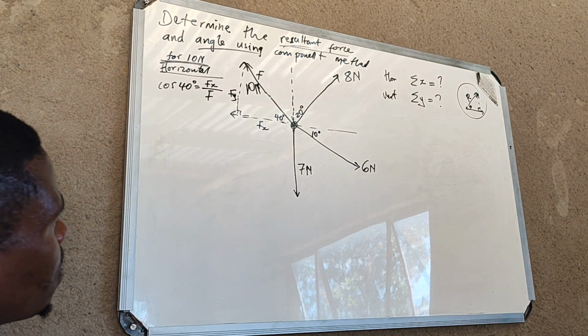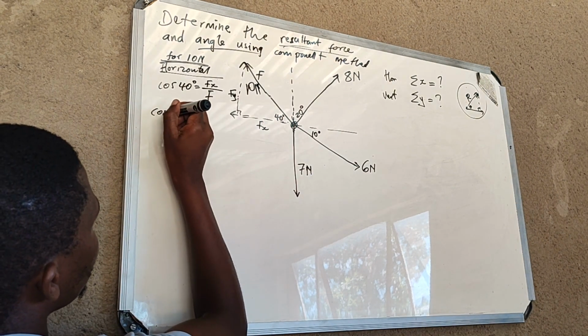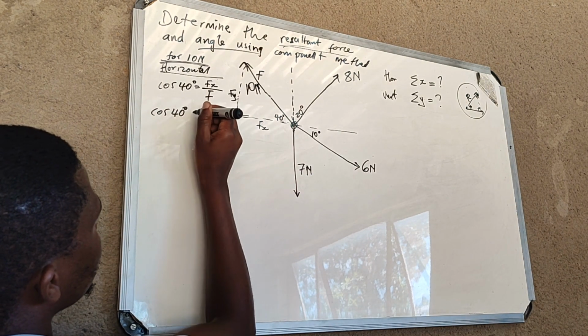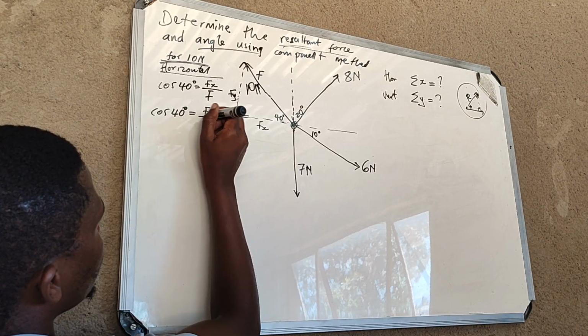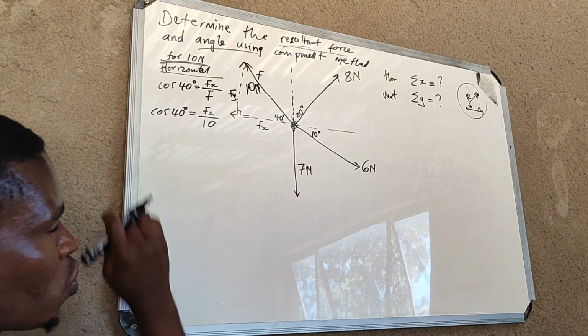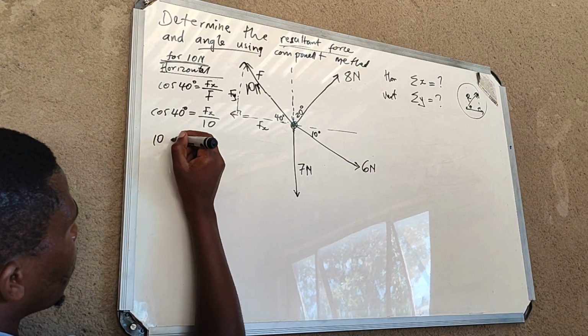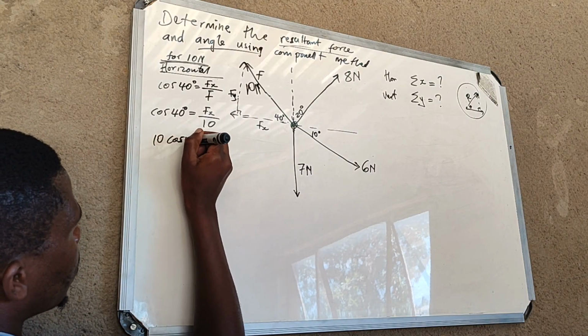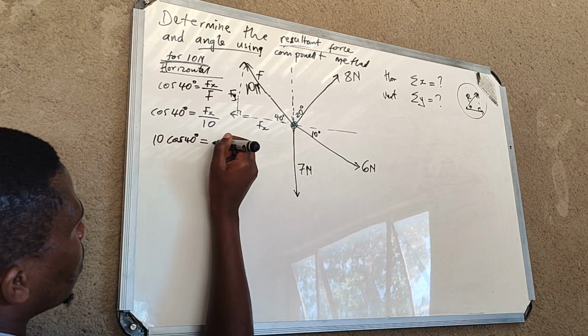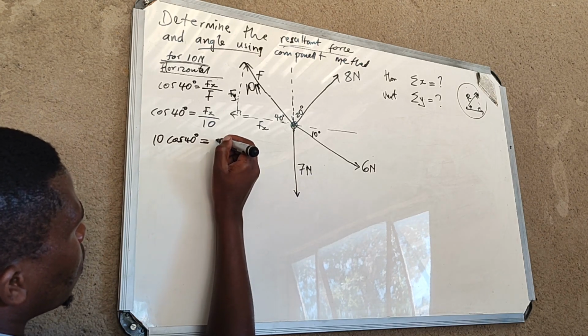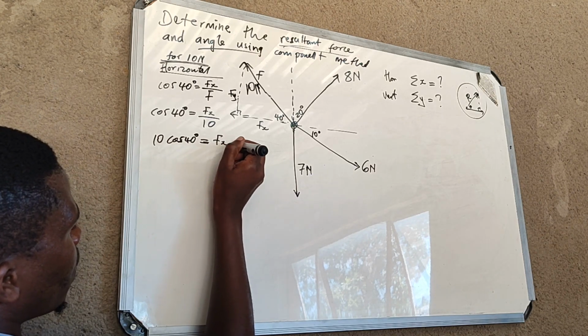But we know our f is 10 again. So that would be cos of 40 degrees equals fx over 10. So this will be multiplying then. So that would be 10 cos of 40 degrees equals fx.